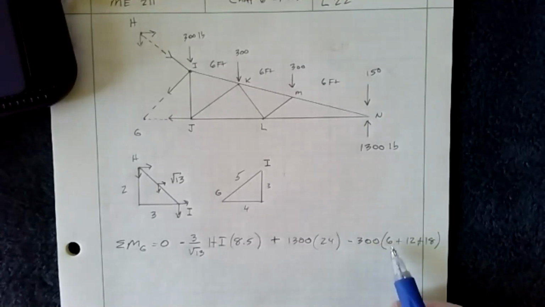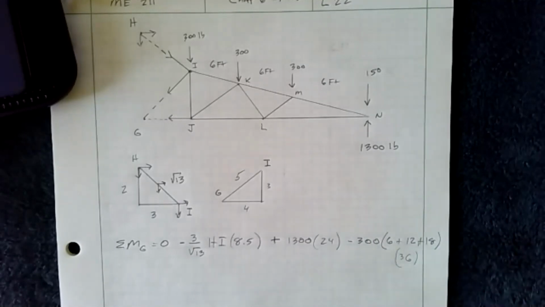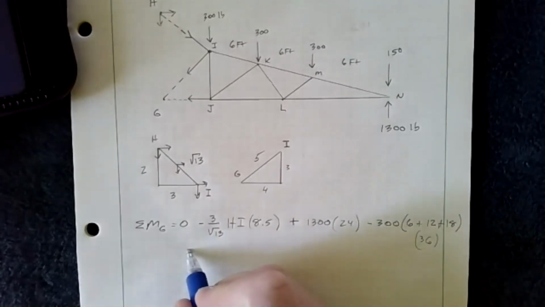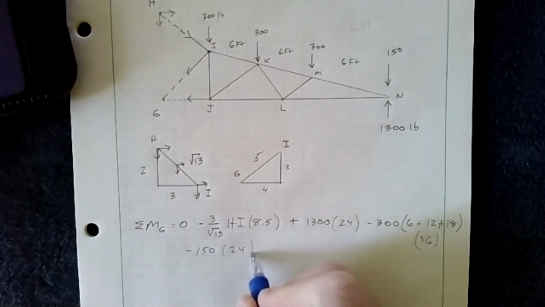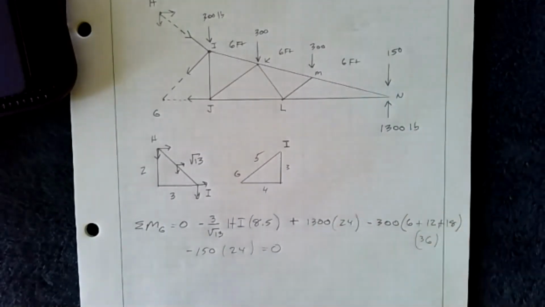So instead of writing 300 times 6, 300 times 12, 300 times 18, I can just factor it out, and then what do I have? I have 36. So that's just 300 times 36, okay? And then I also have minus 150 times 24. All right, count for that. And all that equals 0.